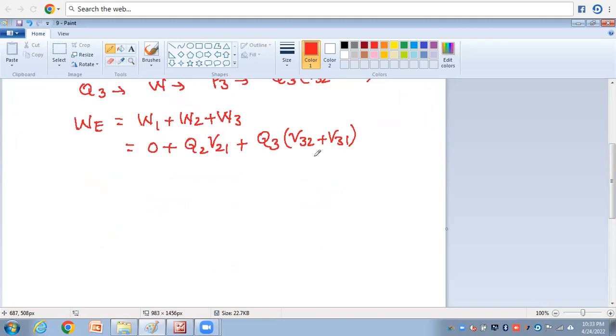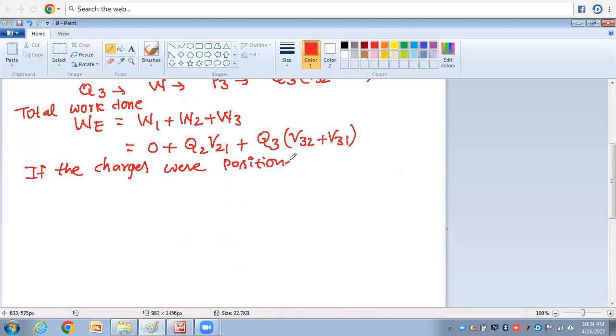This is called the total work done. The next discussion: if the charges were positioned in reverse order, the expression becomes WE equals W3 plus W2 plus W1.